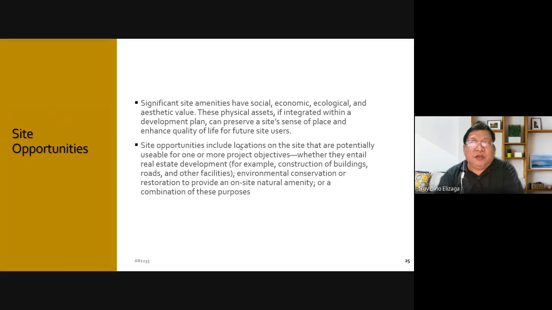So there's always an advantage also, on some properties. It's not always constraints. Site opportunities include locations on the site that are potentially usable for one or more project objectives, whether they entail real estate development, like the construction of buildings, roads, and other facilities, or environmental conservation or restoration to provide an on-site natural amenity, or a combination of these purposes.